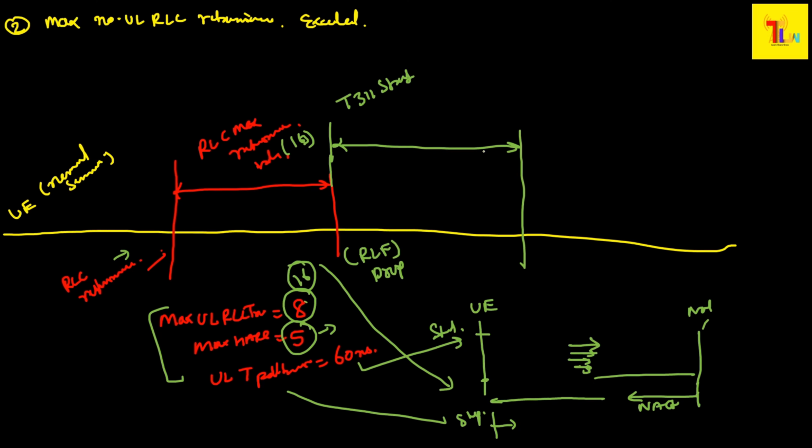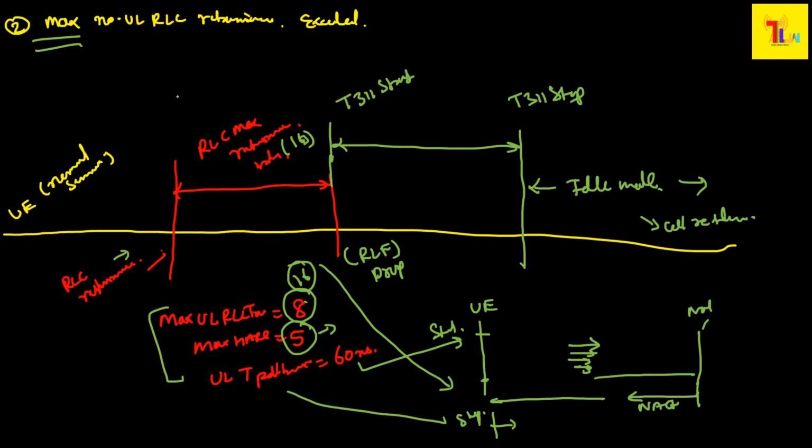When it is not able to recover, T311 is going to stop and it will go to idle mode again and do the cell reselection, tracking area update and all these things. This is your second scenario, which is due to the maximum UL RLC retransmission exceed case. I believe that you must understand this one.